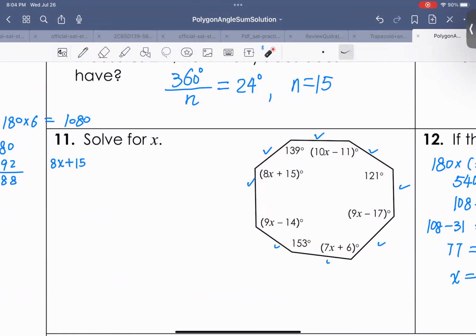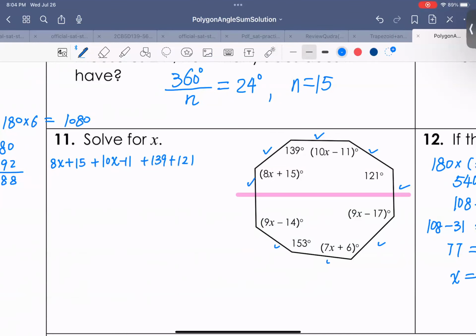So we will add all of them together, right? It's going to be a lot of work. This time, let's add this side first. I'm going to draw a line here to make us less confused. So 8x plus 15 plus 10x minus 11 plus 139 plus 121.